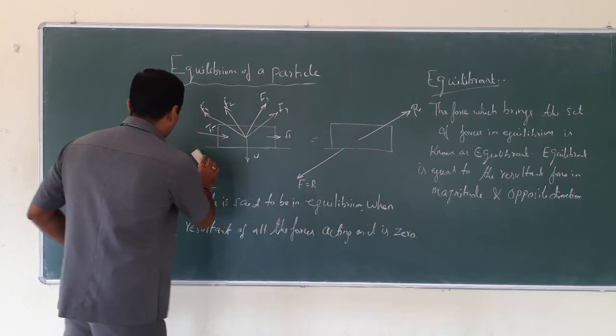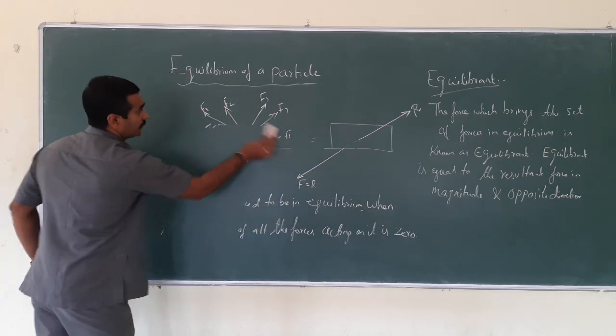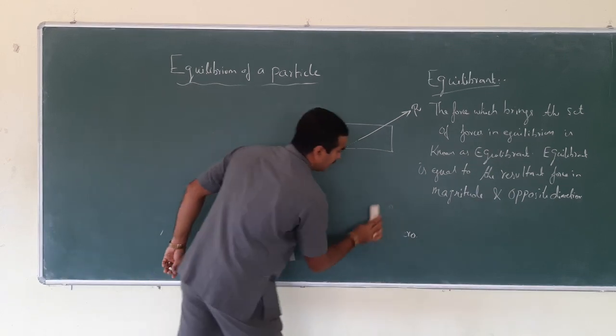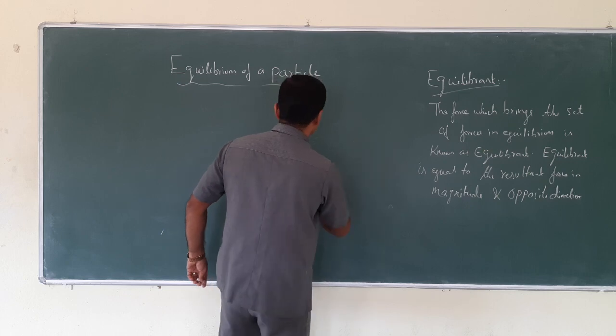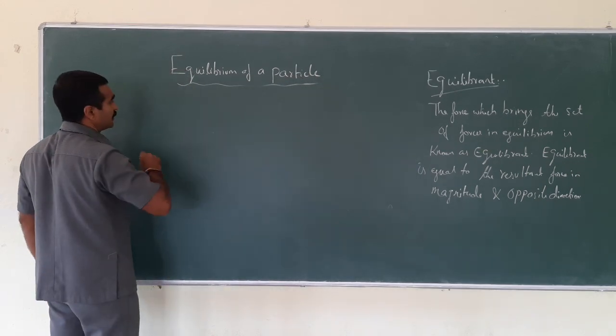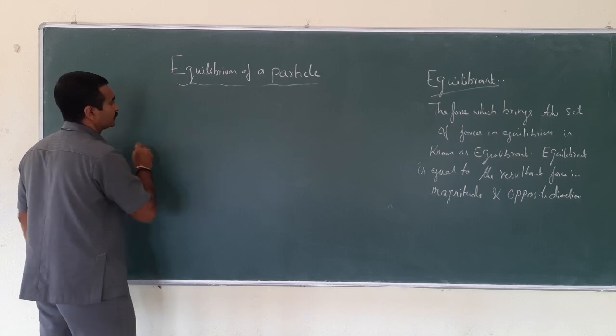So the condition of equilibrium shall be, when the resultant becomes 0, then what will happen? The necessary or suitable conditions, right?